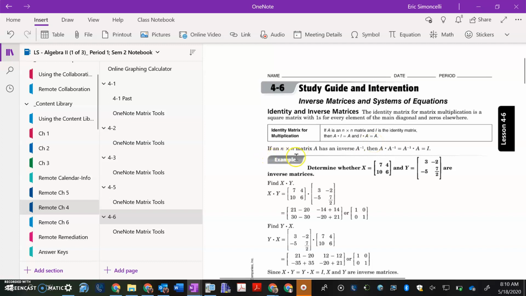If an n by n matrix A has an inverse, A inverse, with this little exponent -1, then A times A inverse, but also A inverse times A, is equal to I. This is one of the few times where you can commute matrices and get the same exact answer. By commute, I mean flip A and A inverse to get the same result.